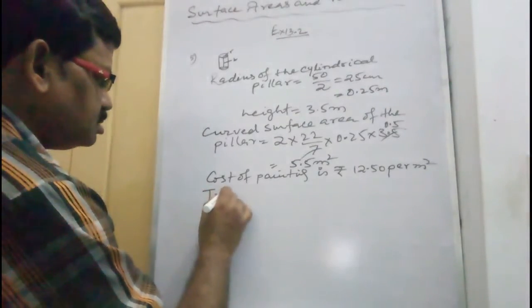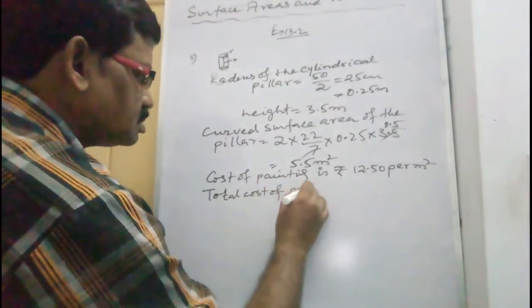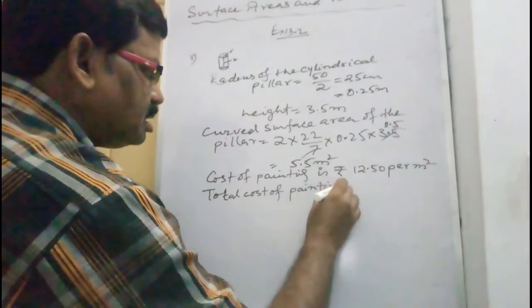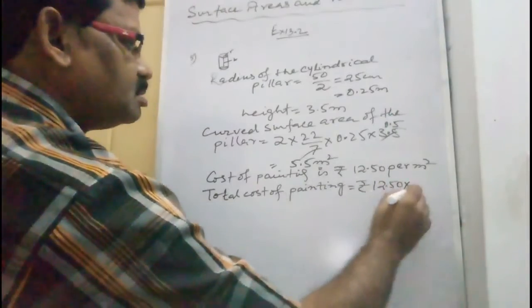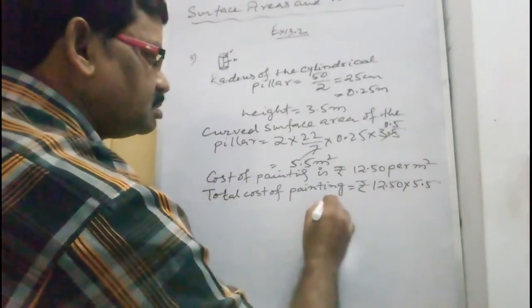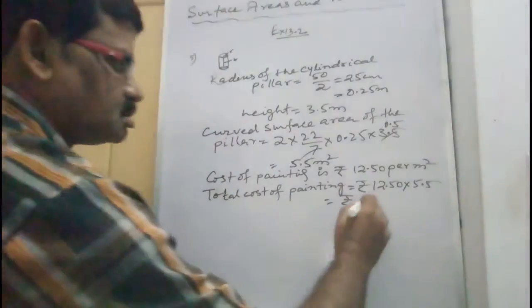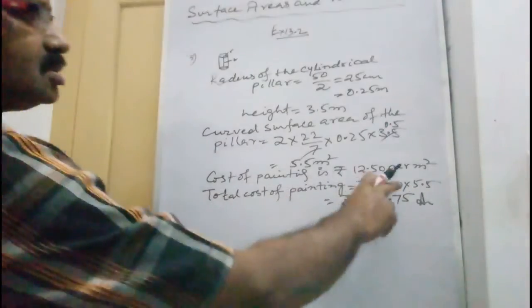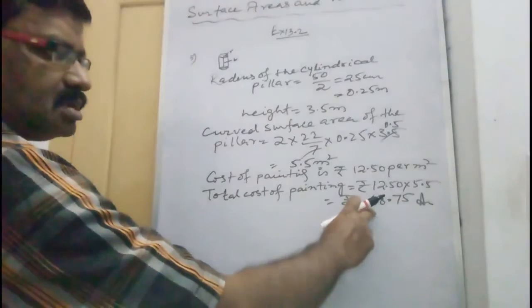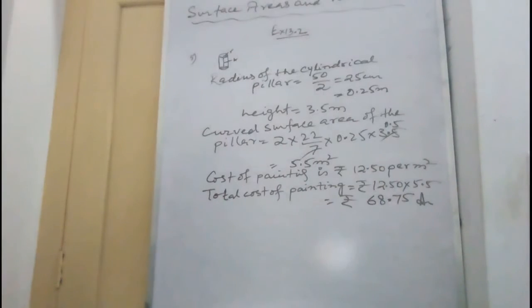So total cost of painting is rupees 12.50 into 5.5. Now multiply 12.50 with 5.5. So total cost of painting is 68 rupees 75 paise, when the rate per meter square is rupees 12.50.